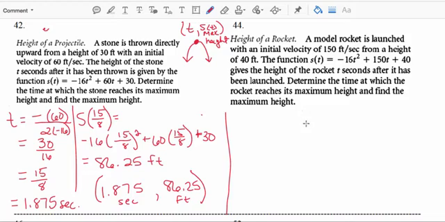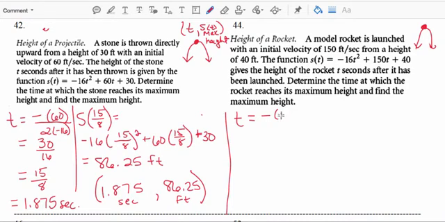In 44, we have a rocket, and they give us an equation that tells us how high the rocket will be after a certain time. And so we're just going to, once again, figure out that maximum height of that rocket using the vertex formula. So I'm going to plug into negative b over 2a.